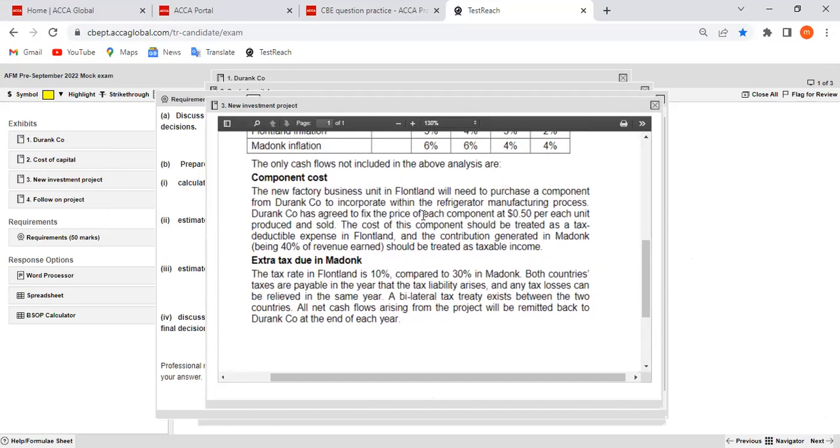Durant company has agreed to fix the price of each component as the sale price by the parent company and the purchase price by the subsidiary company who is going to have operations in the FF. We have already computed that. And if you want to compute the contribution generated, what would it be? 40% of the revenue, guys.